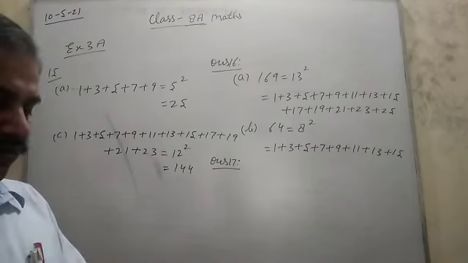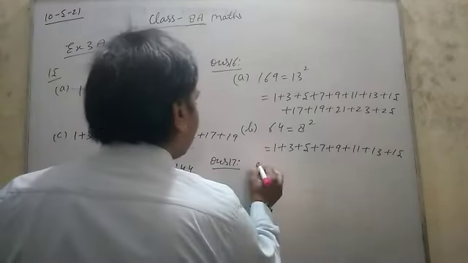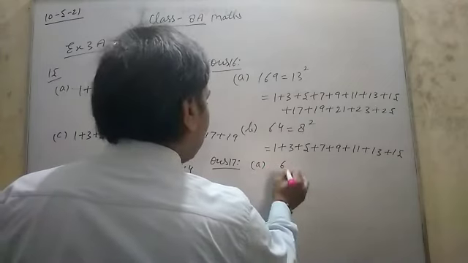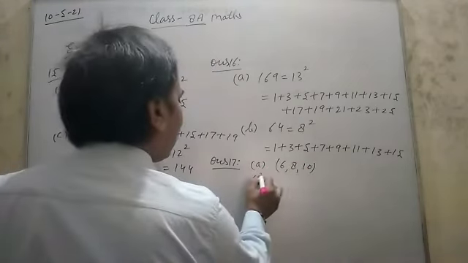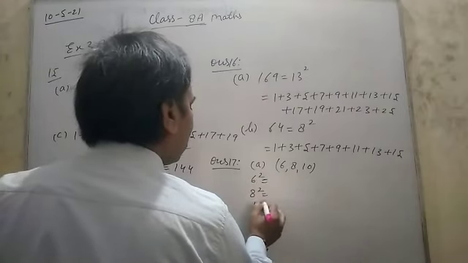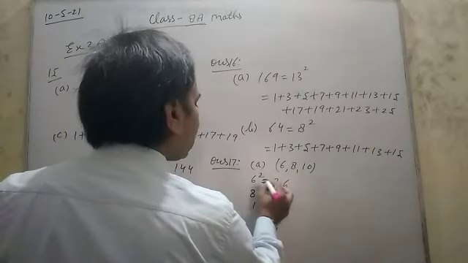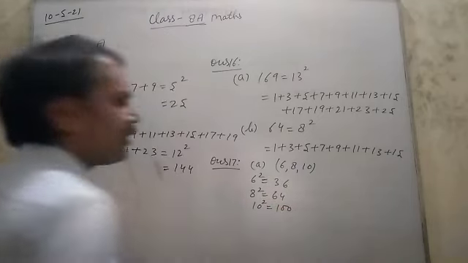So take first part A: 6, 8, 10. First you find the square of all numbers: 6 square, 8 square and 10 square. So 6 square is 36, 8 square is 64 and 10 square is 100.